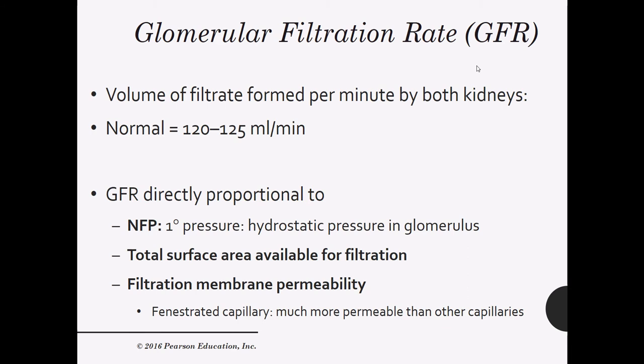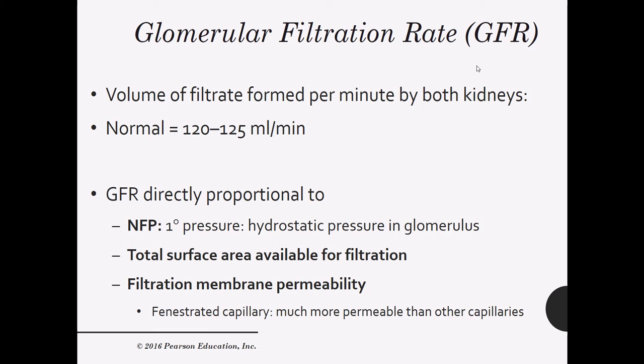It is literally the volume of filtrate formed per minute by both kidneys. Normally that's about 100 to 125 milliliters a minute. Anything less, particularly if it gets to around 30 or 35, or I think 15, that indicates kidney failure and indicates that there is something wrong with your kidneys and you want to take care of them.